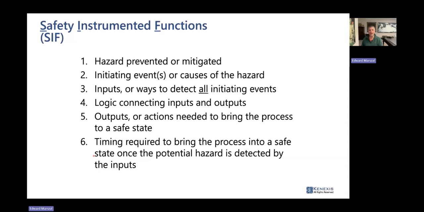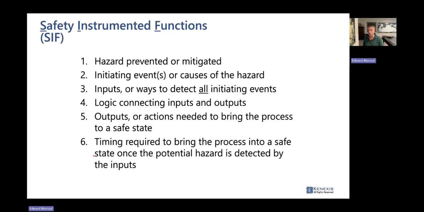Okay, so when I am defining the SIF, here is a list of criteria that you need to think about, and this should end up in your SIF definition. And your SIF definition is primarily going to be included in your SIF list.